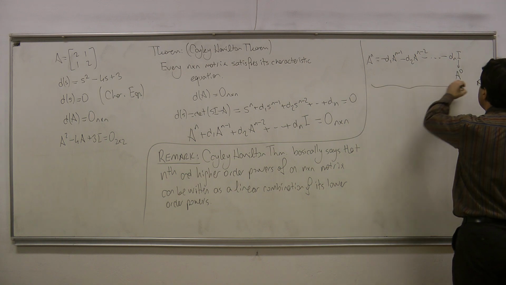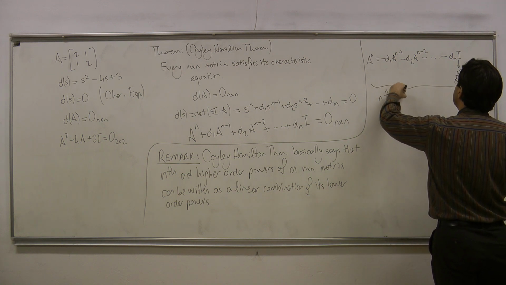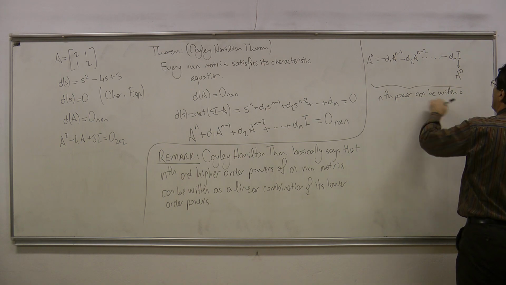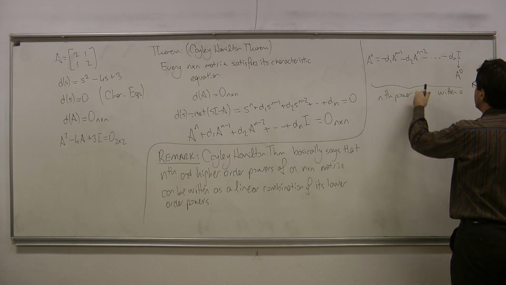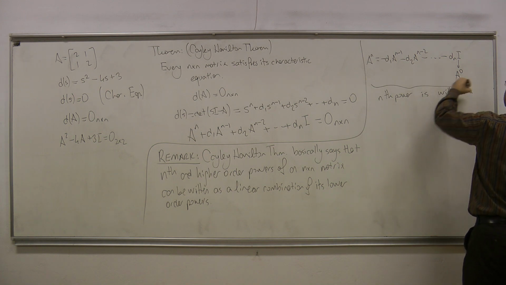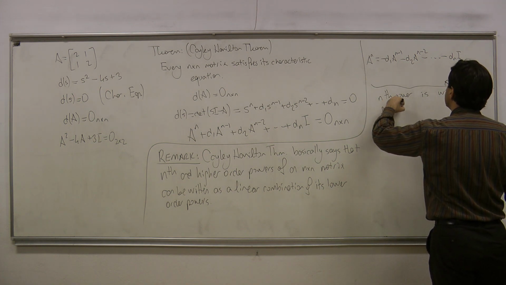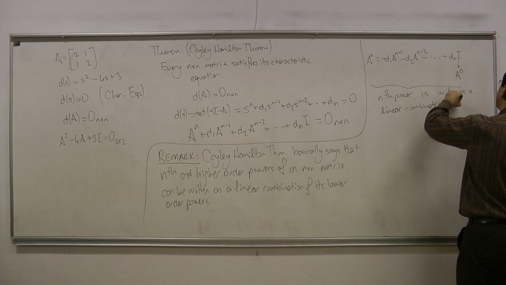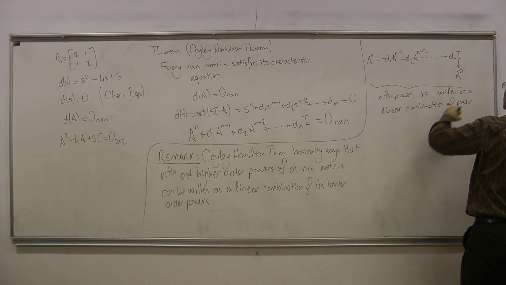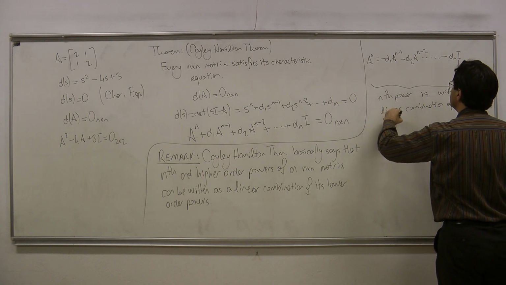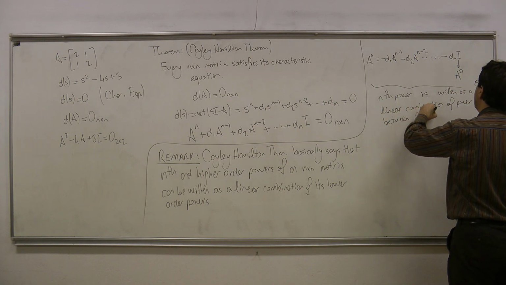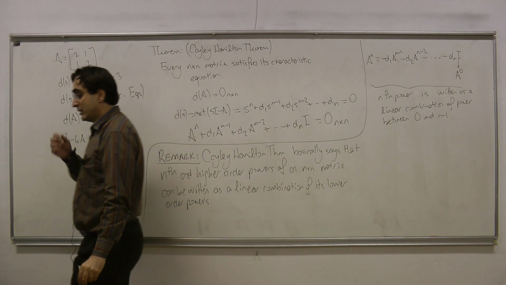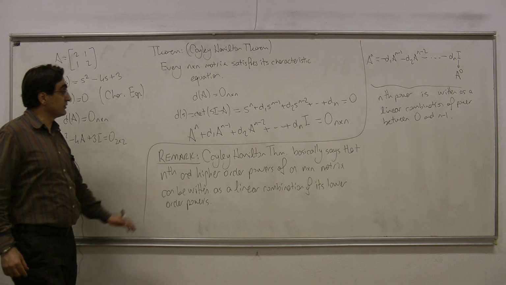So in this equation, the nth power is written as a linear combination of powers between 0 and n minus 1. Okay? So the intuitive meaning of the Cayley-Hamilton theorem is just this one.